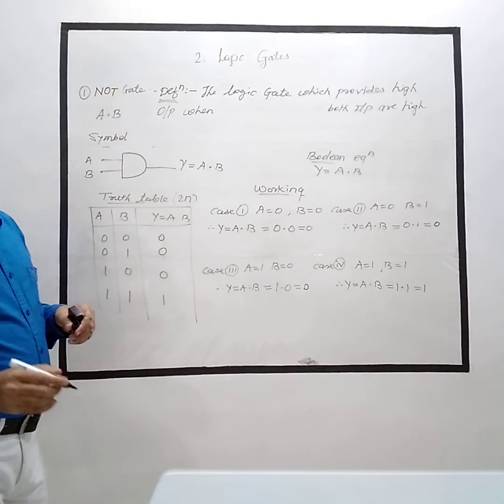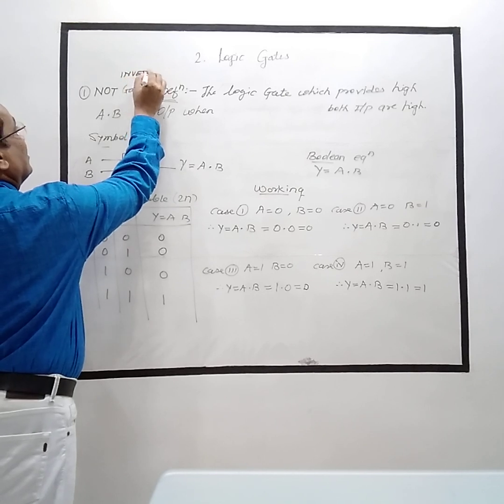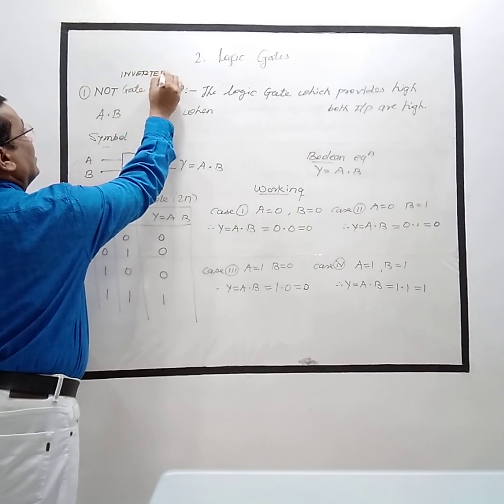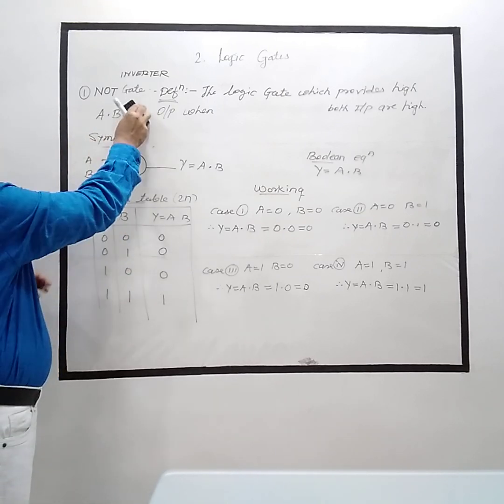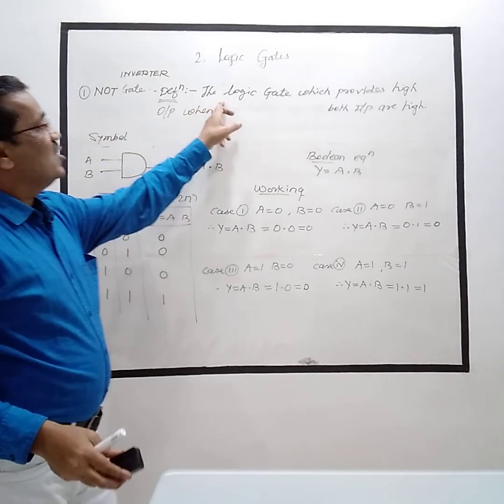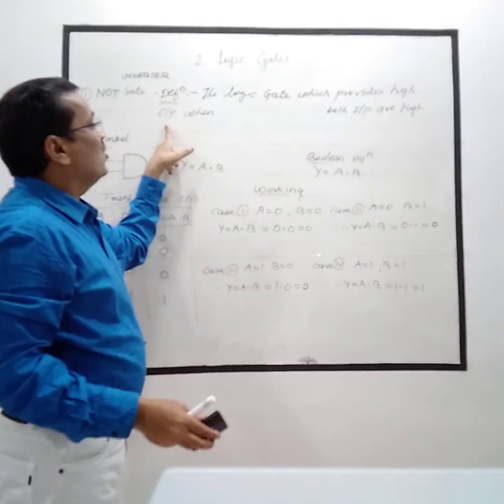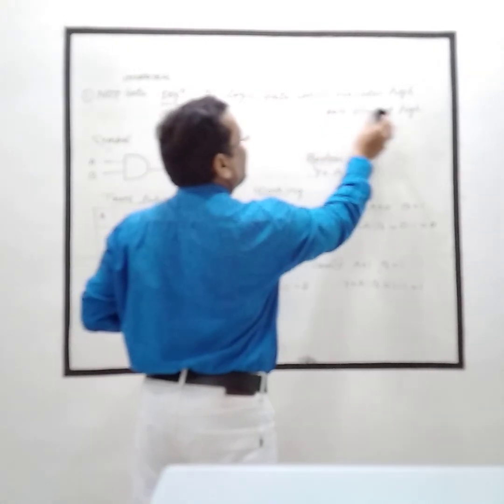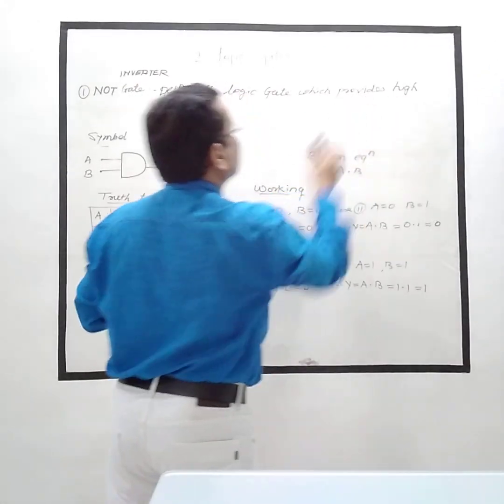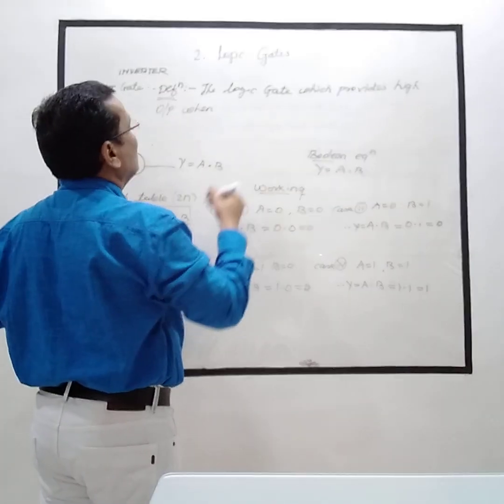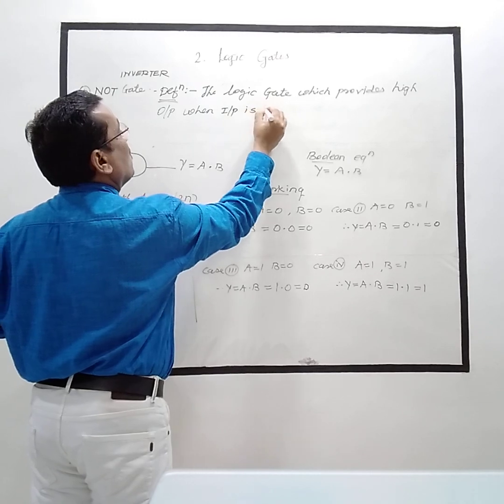It is also called an inverter. The NOT gate is a logic gate which produces a high output when its input is low.